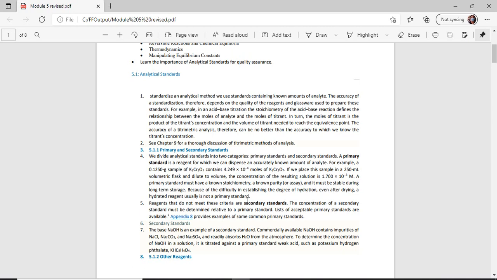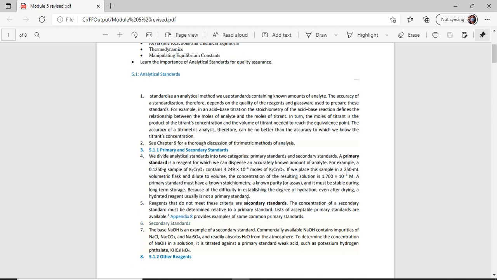For example, you are given 0.1250 grams of K2Cr2O7 that contains 2.249 times 10 raised to negative 4 moles of K2Cr2O7. If we place this sample in a 250 mL volumetric flask and dilute to the volume, the concentration of the resulting solution is 1.7 times 10 raised to negative 3 moles.